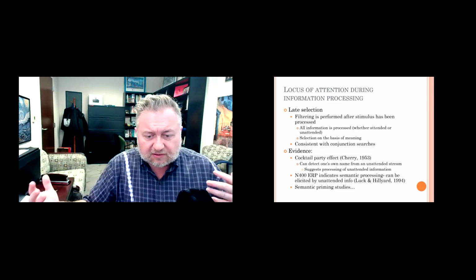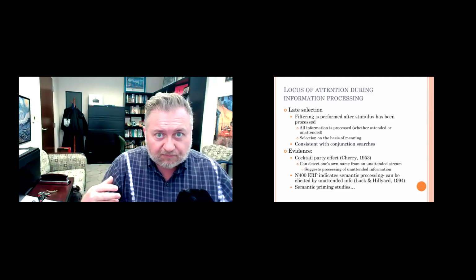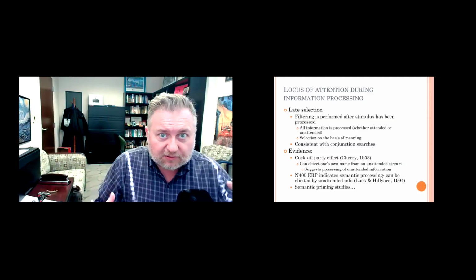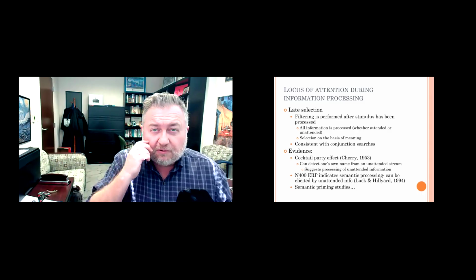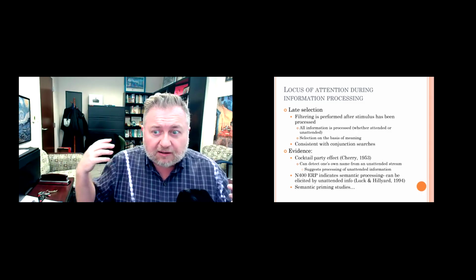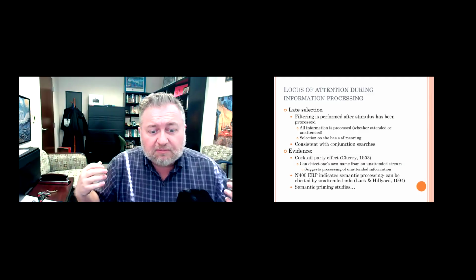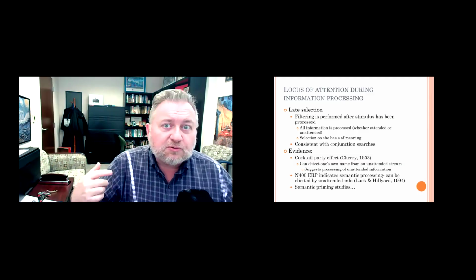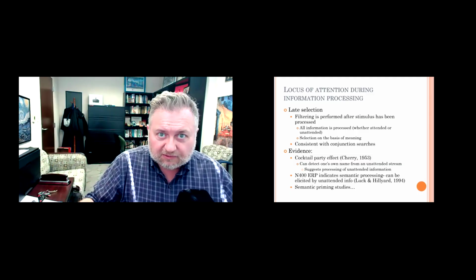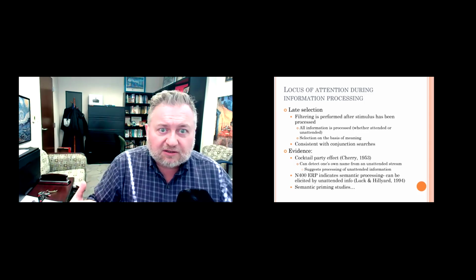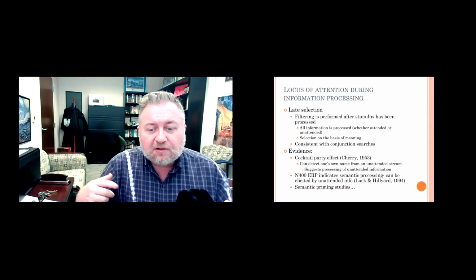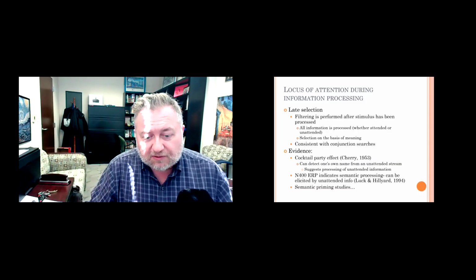So we're going to do this dichotic listening task again. And we're going to have people shadowing one ear, like the left ear. But what they're also going to do is have the message in the unattended stream have the person's actual name embedded into it. And so the question becomes, when it gets to that point in the message, will the person notice and hear their name being spoken?